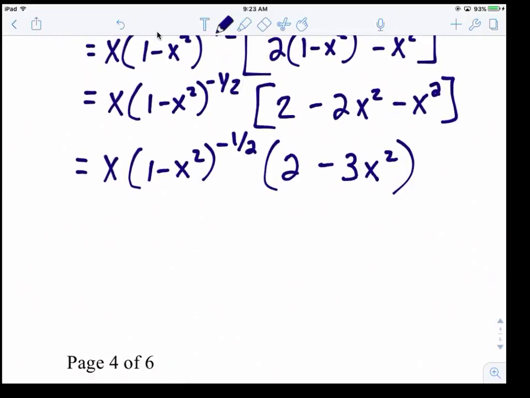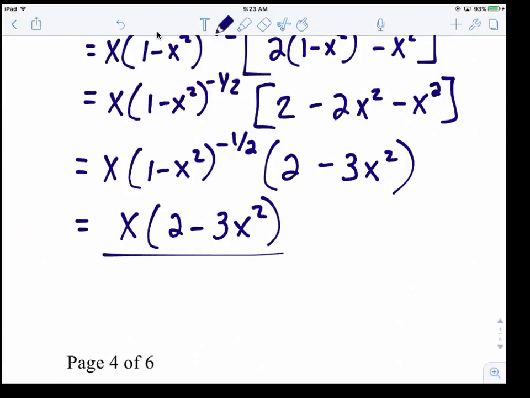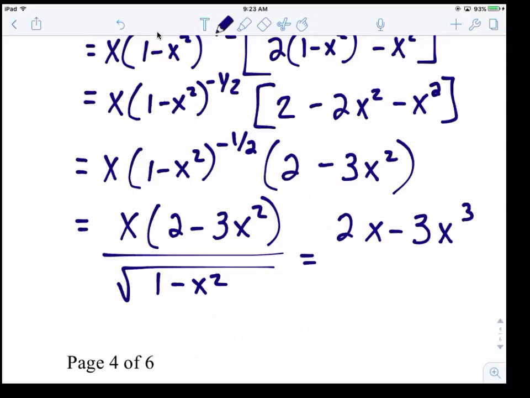Right? We could put the x on the top, 2 minus 3x squared, and then on the bottom is going to be what? So then you can have 2x minus 3x cubed.